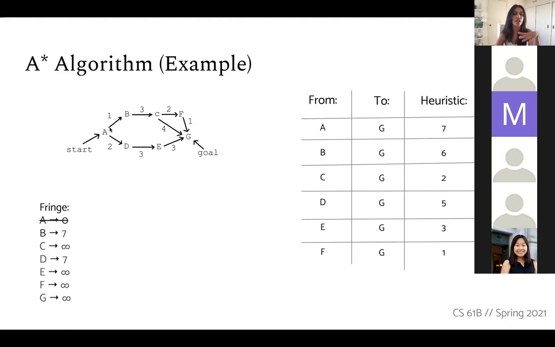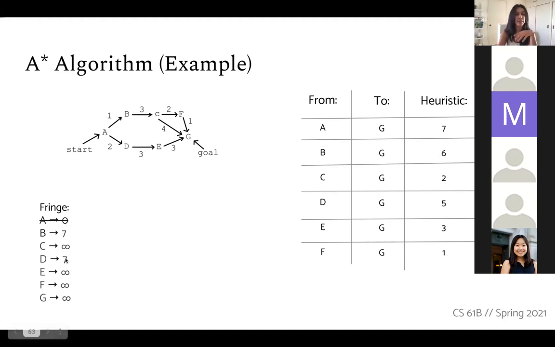Because the idea is, okay, you go to A through B, you know for a fact that to get from A through B costs you 1. However, you also want to say, okay, if I want to guess how much more it'll take to get to G, that's when the heuristic value comes into play. So the heuristic is saying maybe it'll cost us around 6 to get from B through G. And so for B in the priority queue, we're just going to do 1 plus 6.